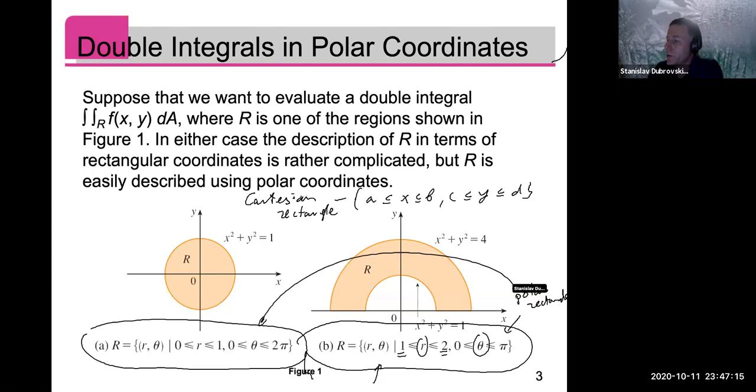This is also a polar rectangle. We don't even have to come up with any intervals type 1 or type 2 with variable limits representing functions. Here we have constant fixed limits, and that will be our polar rectangles. We'll find out that double integrals will go very easily in terms of these polar rectangles.